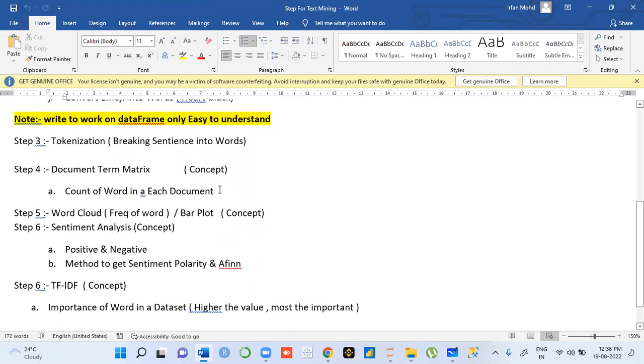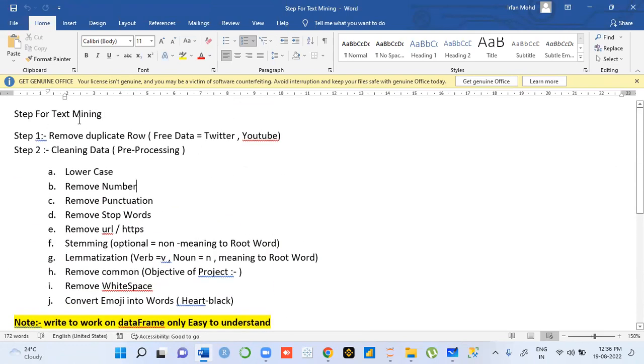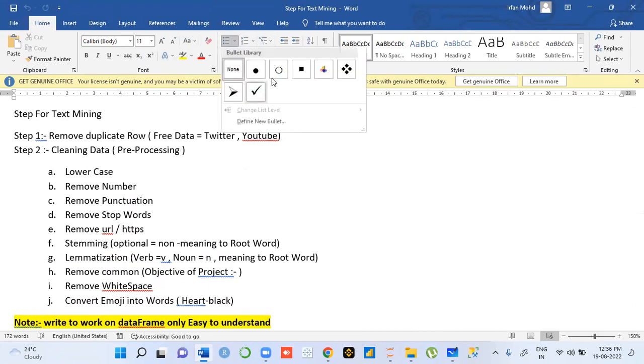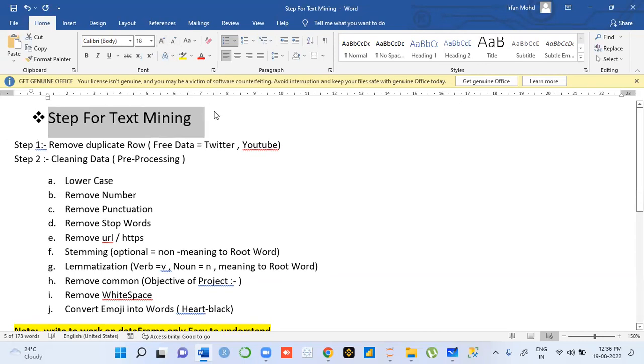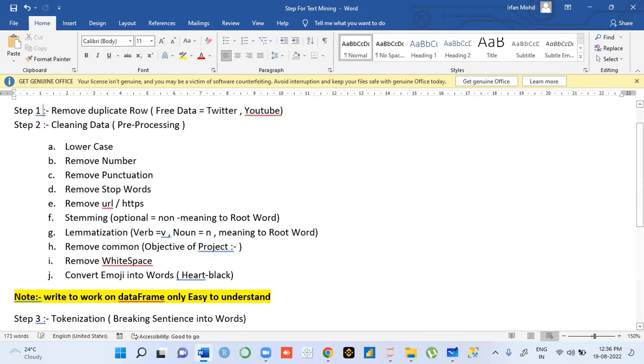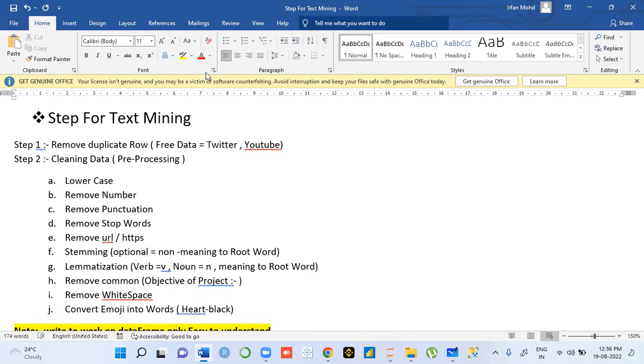Write this one, so tomorrow when you work, these are the steps for all NLP topics. Write this faster, please. I'll give it 3 to 4 minutes.